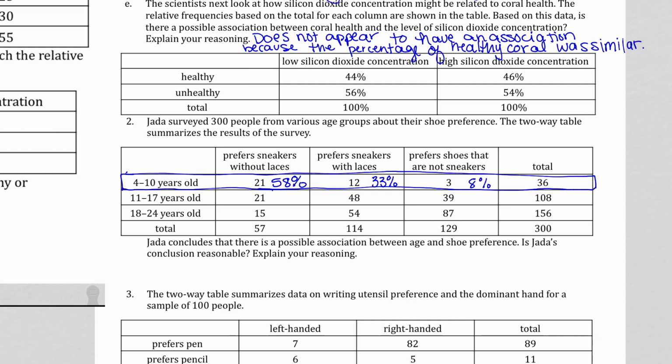Okay? Those might be slightly off because that's not going to add up to, let's see here, 58 plus 33 plus 8. That is 99%. So because each of those had a third on it, that doesn't work very well. So I'm going to add that third onto here.